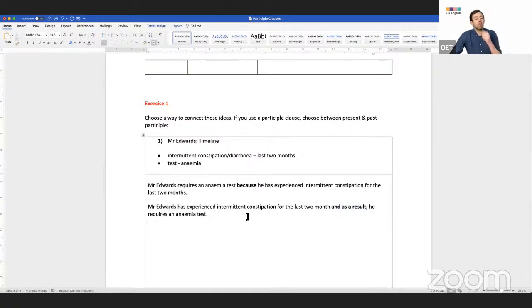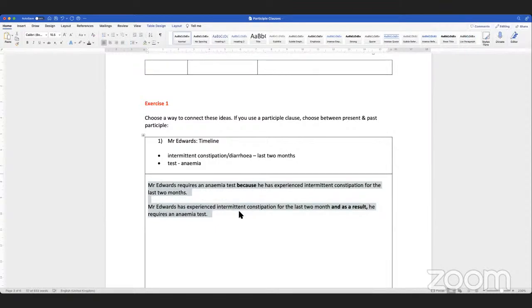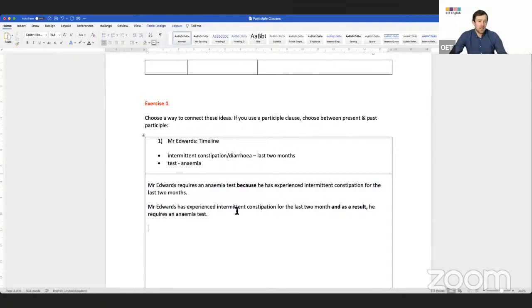Now, what we're doing in both of these sentences is we're choosing to put a cause and result relationship between the two clauses. Now, we don't have to do that. We could put it into 2 sentences. We could say, Mr. Edwards has experienced intermittent constipation for the last 2 months.